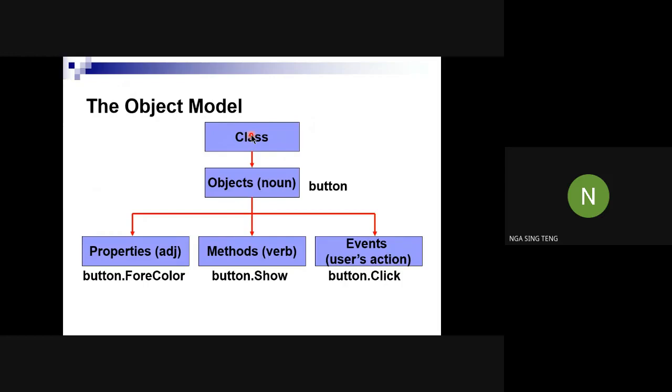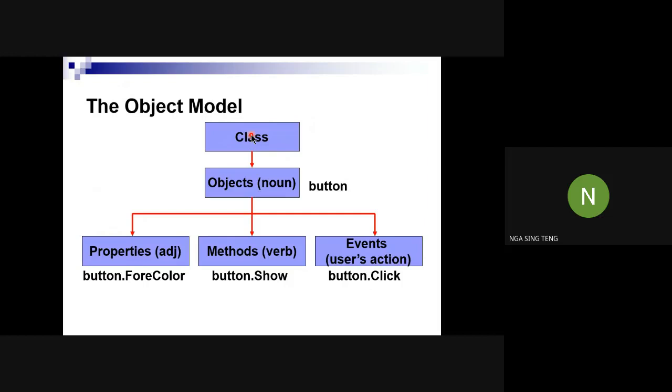Now, every object in the same class may have the same properties, same methods, same events, maybe with different values. Like a course class.